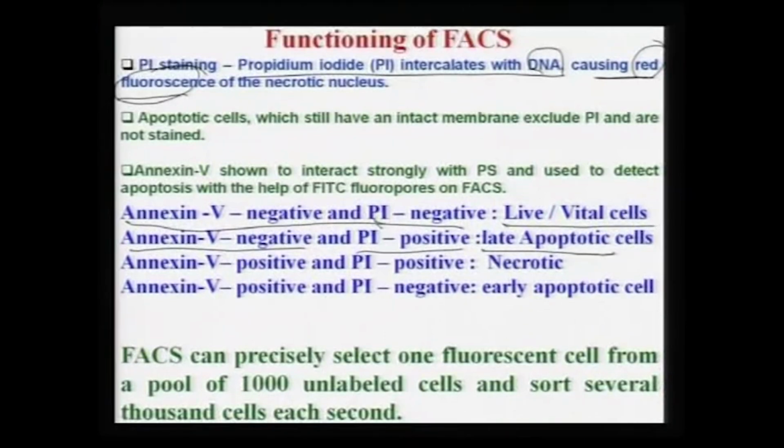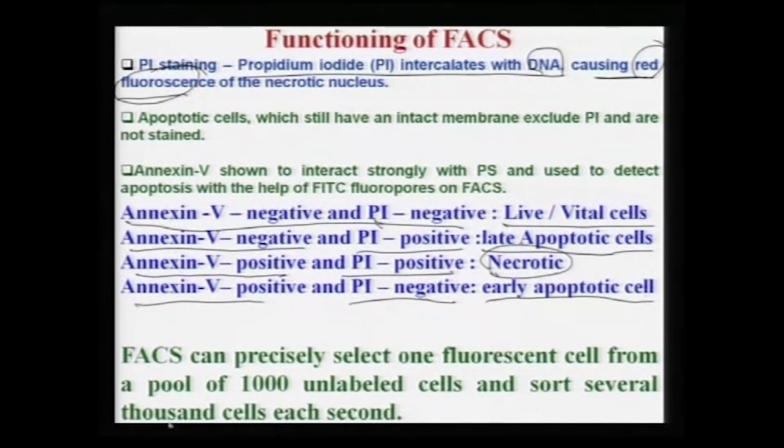We call them late apoptotic cells. If annexin 5 is positive, that means cells are apoptotic. PI is positive, that means cells are already dead, then we call them necrotic cells. If annexin 5 is positive and PI is negative, that means cells are early apoptotic cells.